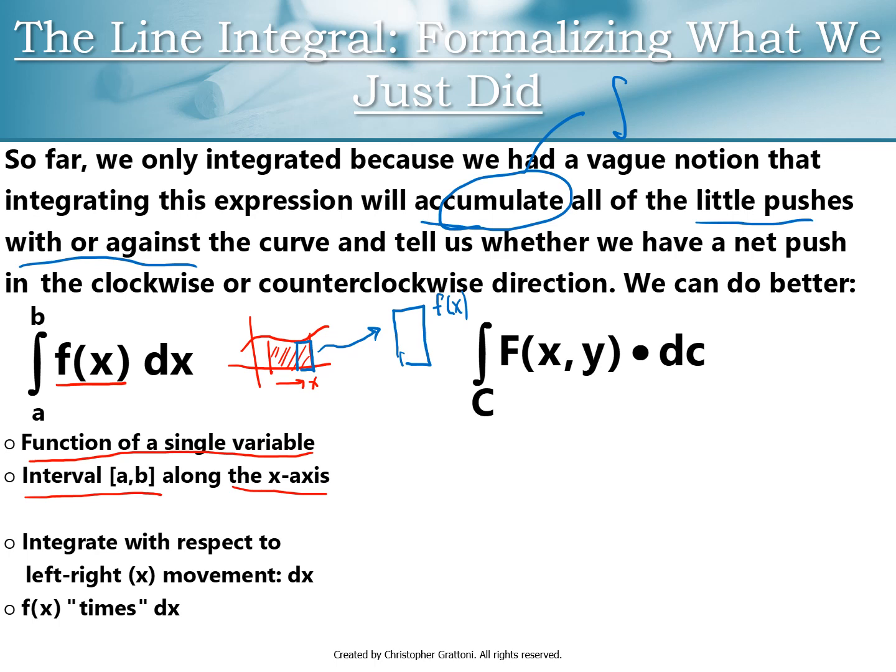And the base of that rectangle, we had delta x when we were setting up Riemann sums, but then in the limit as you progress from a Riemann sum over to an integral, that delta x becomes a dx. And so we could think of this f of x times dx kind of like a base times a height, the area of a rectangle.